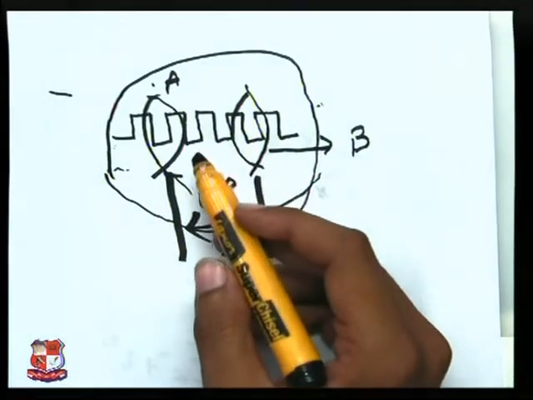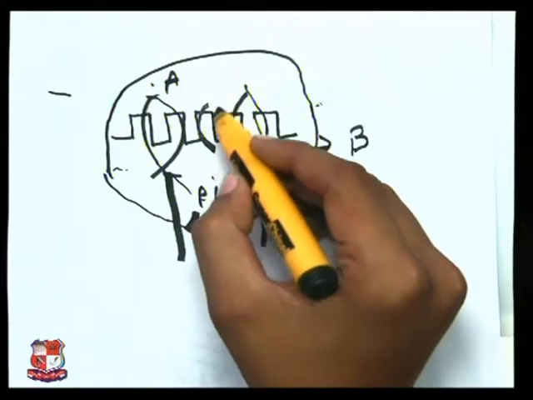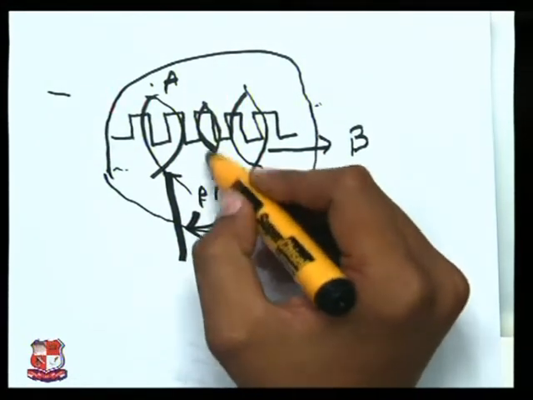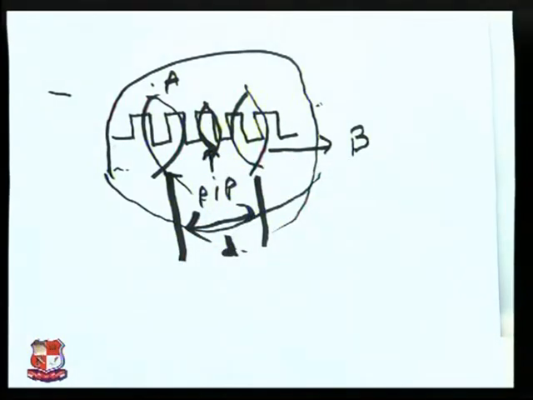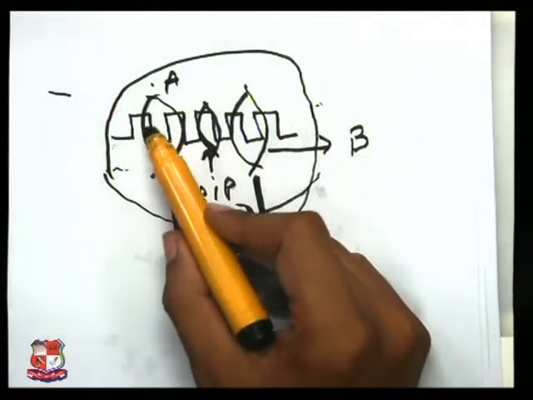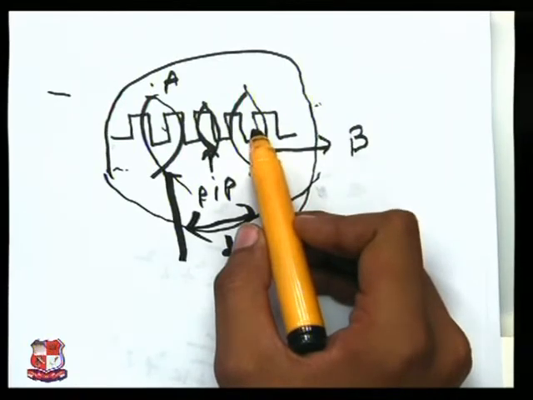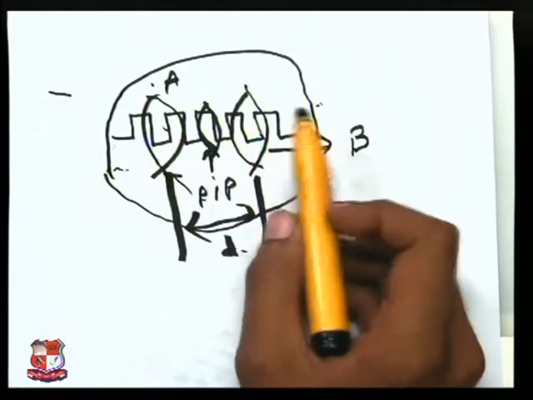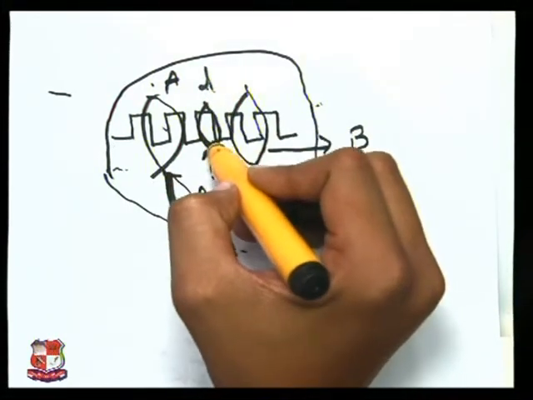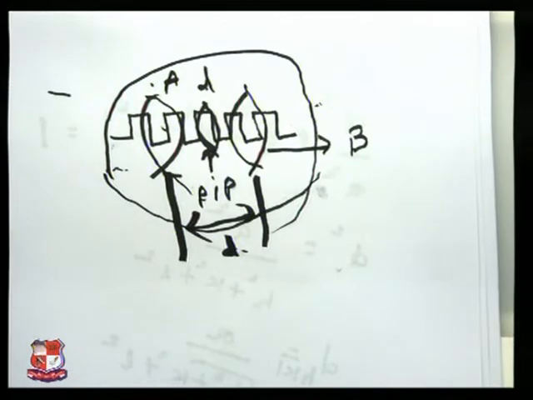if the material has a flaw, then a small peak is highlighted on the CRO screen. A is the transmitted wave and B is the reflected wave, and if we name this small one D, then this small peak represents the defect on the CRO screen.